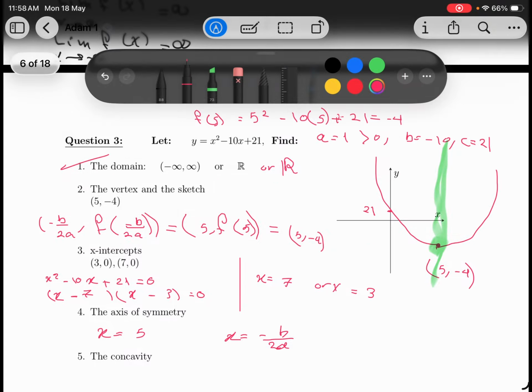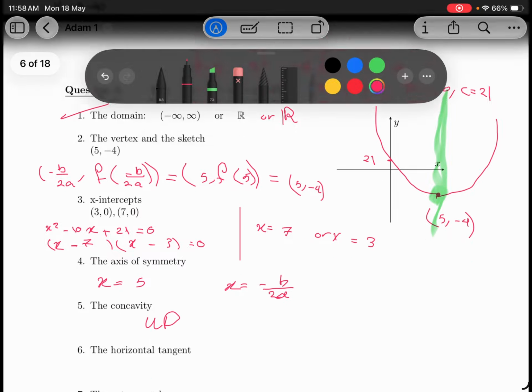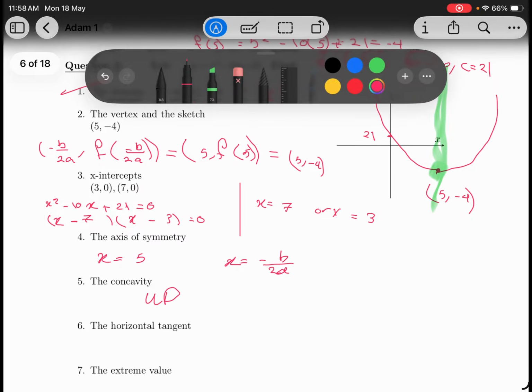Concavity, obviously this is concave up, that's it. Okay, the only horizontal tangent line is y equals the y coordinate of the vertex. So what is the y coordinate of the vertex? Obviously it is minus 4, because this is the horizontal tangent which passes through the point 5 and minus 4.